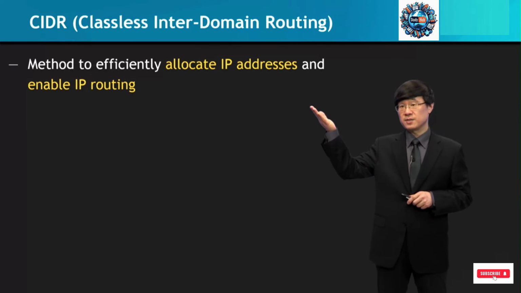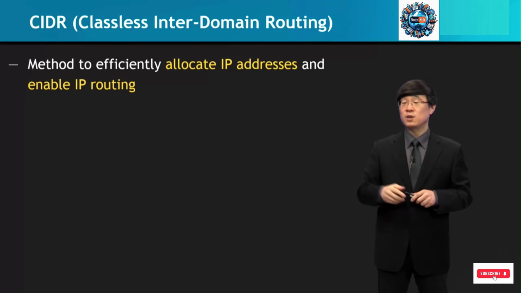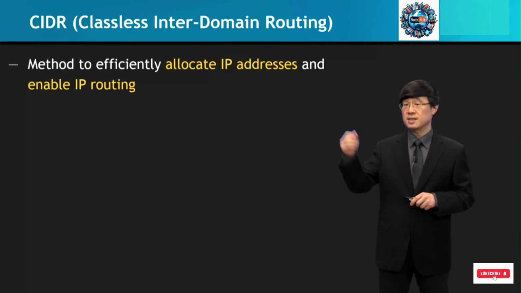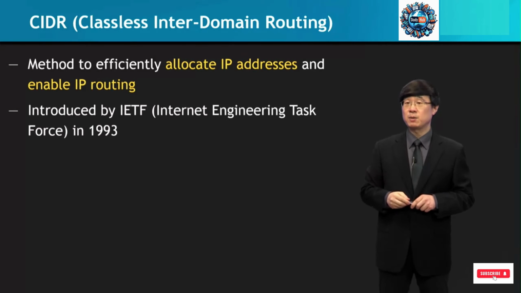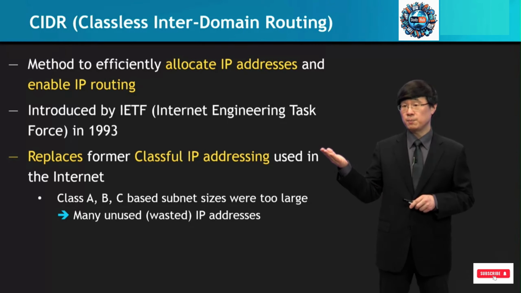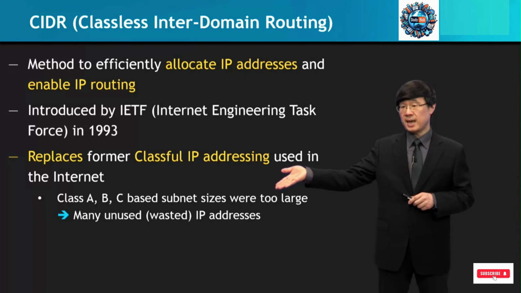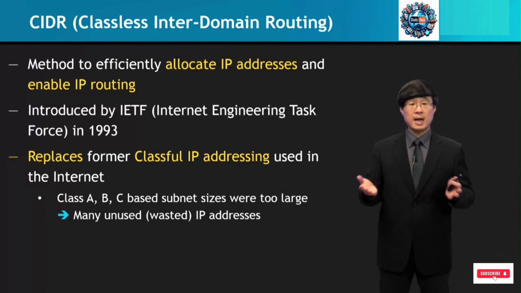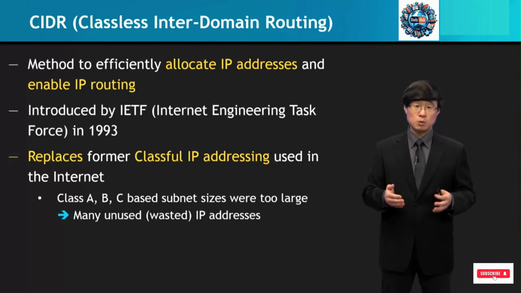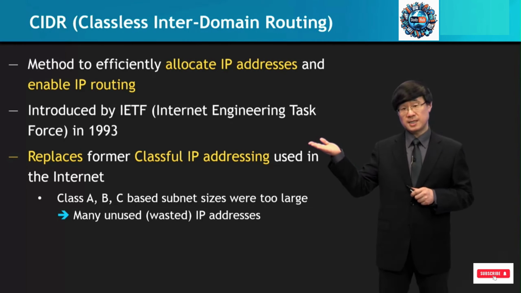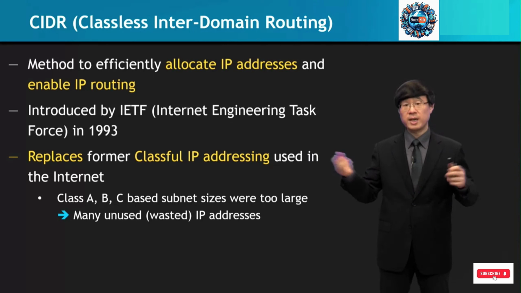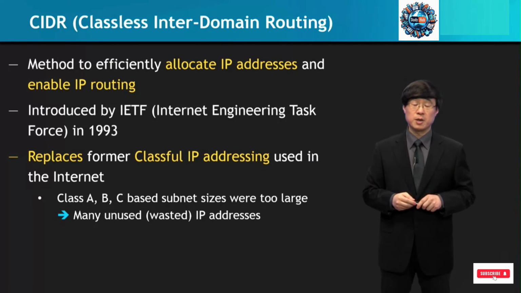Looking into the details of CIDR, this is a method to efficiently allocate IP addresses and enable IP routing. It was introduced by the IETF in 1993, and it replaces the classful IP addressing used in the internet. So, you will not see any more class A, B, and C type classes used. Rather, the CIDR notation is what dominates the IP addressing structure these days.